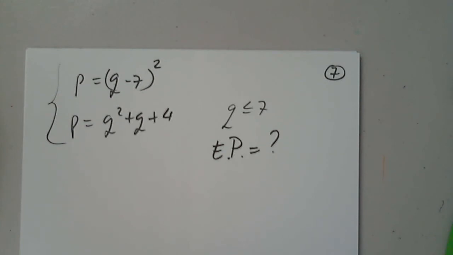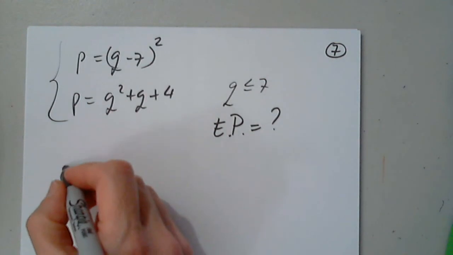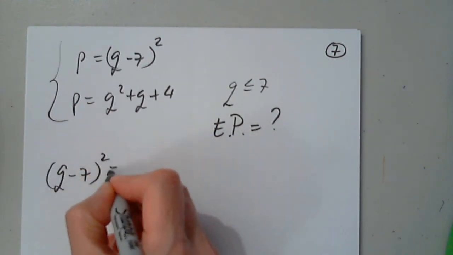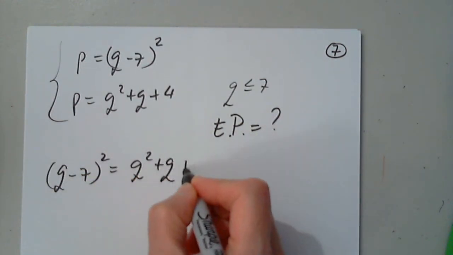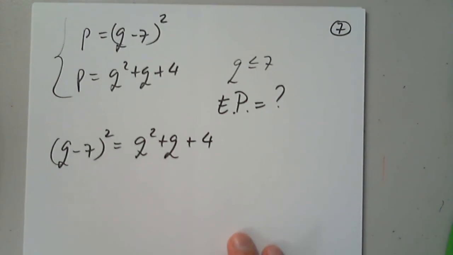Demand equals supply, so P is equal to P. Very good, awesome. So Q minus 7, everything squared, has to equal Q squared plus Q plus 4. Can anyone give us this?